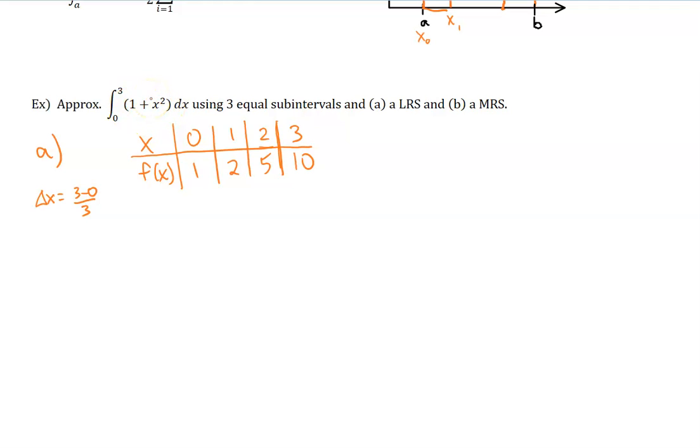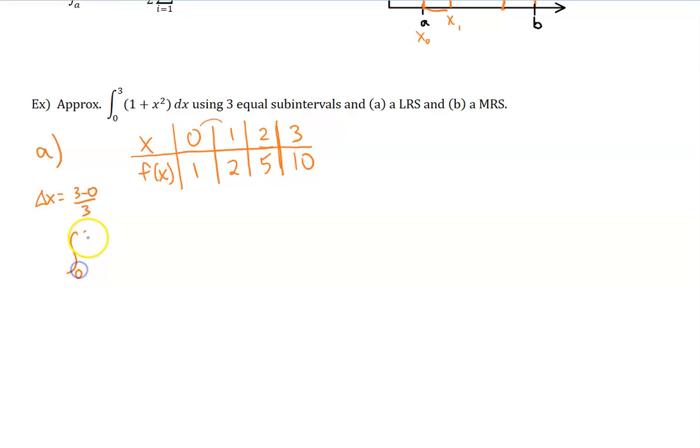So using a left Riemann sum, my first subinterval would go from 0 to 1. Okay, and so the height of the first rectangle is going to be f of 0. All right, so actually I don't want to write that as an area.